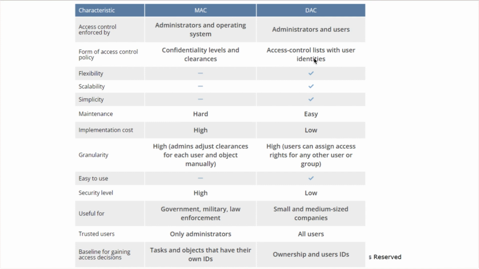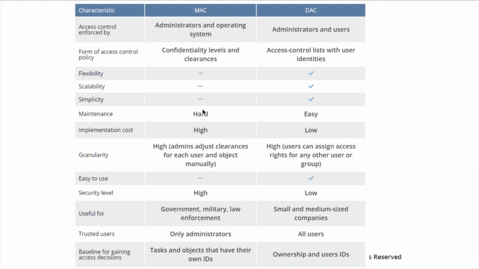DAC is much more flexible. MAC is not, because it does not support sharing. Updates are required, and there is a lot of setting up process. MAC is not scalable. DAC is much more scalable, while MAC lacks scalability.